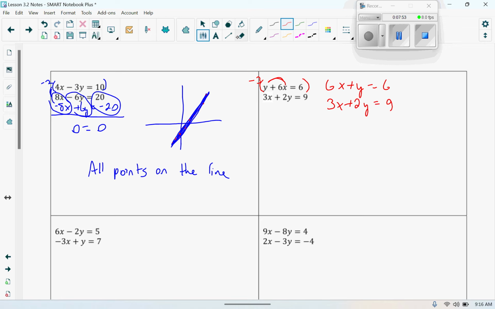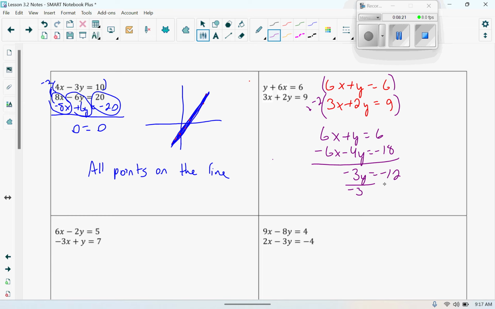Okay, now I'm going to change my strategy. So I'm maybe going to multiply this by -2, or you could have multiplied this by -2. It doesn't matter. So I'm going to get 6x plus y equals 6. I'm just rewriting the top one. And then this one right here is -6x minus 4y equals -18.